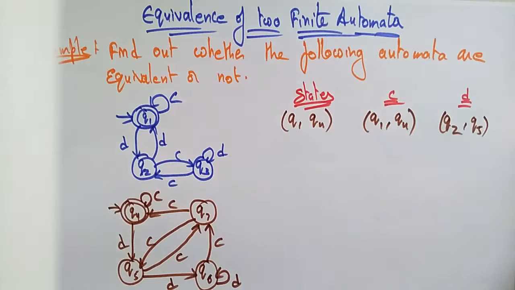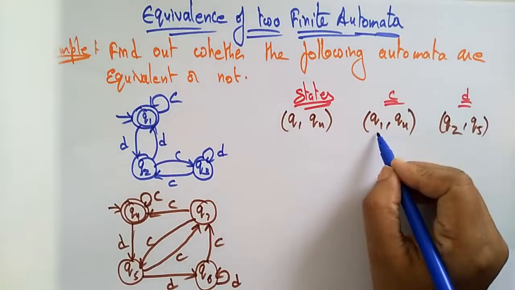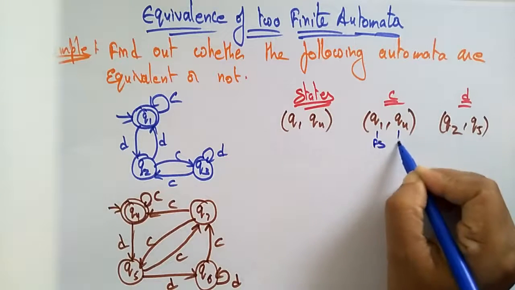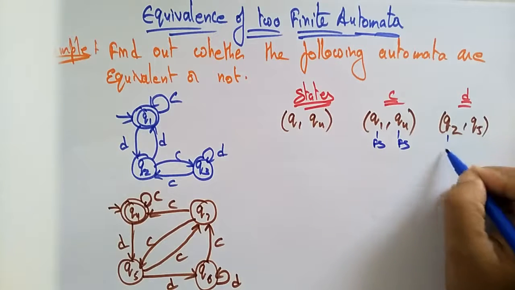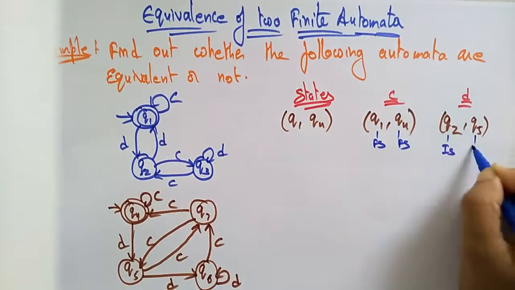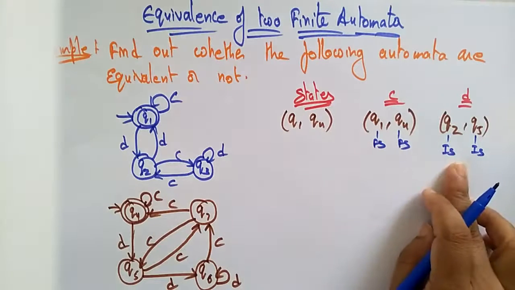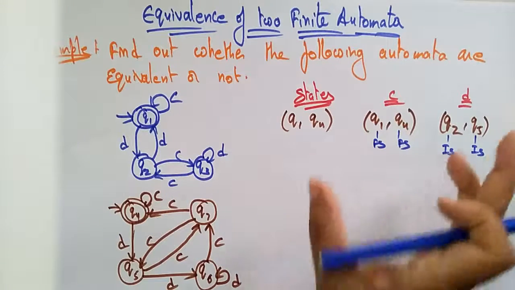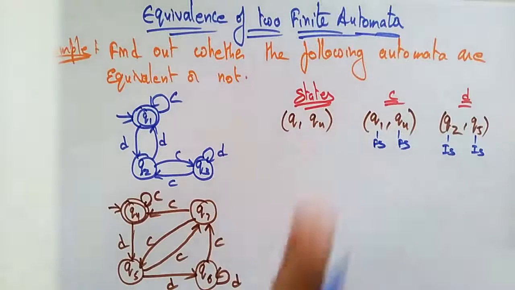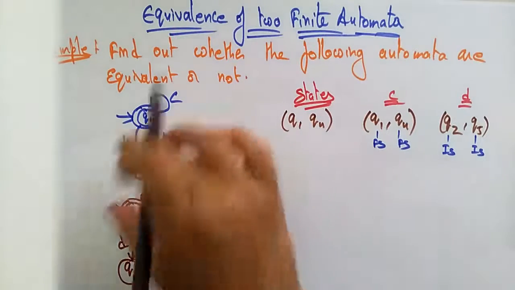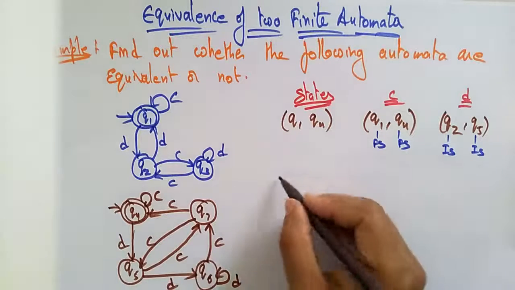Here Q1 is a final state and Q4 is a final state, and Q2 is an intermediate state and Q5 is an intermediate state. Both pairs are either final or intermediate, so for this pair the automata are equivalent. Now let me check another pair.